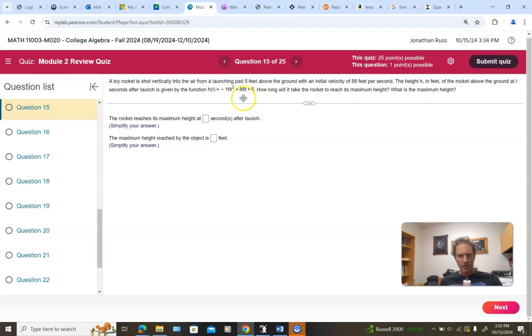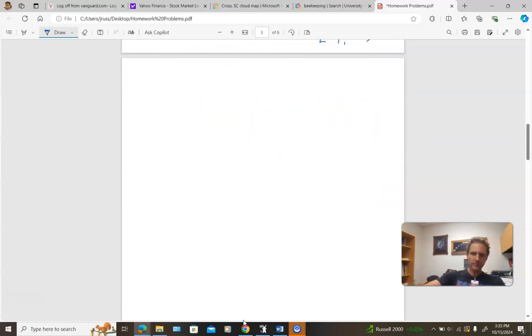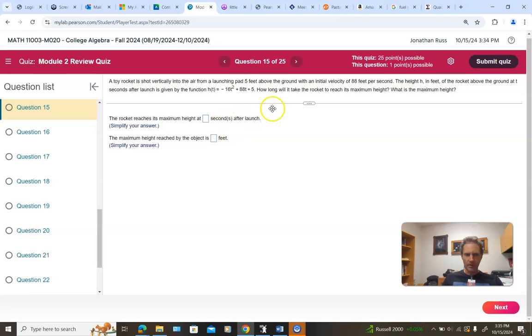Okay, so we're going to need to write down this function, negative 16t squared plus 88t plus 5. And if you look back at the problem, it says how long will it take the rocket to reach its maximum height? And then what is that maximum height?